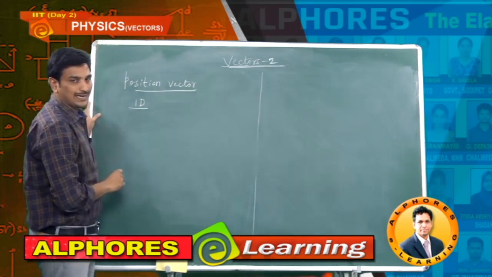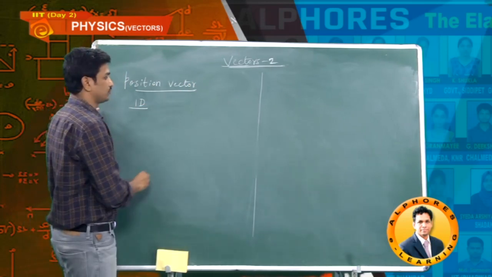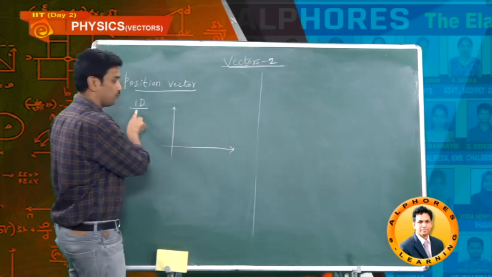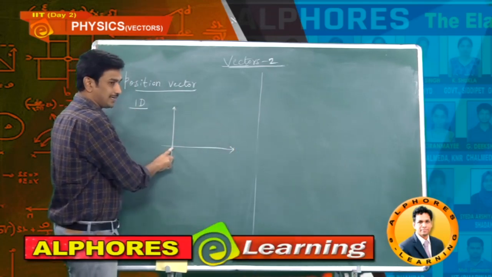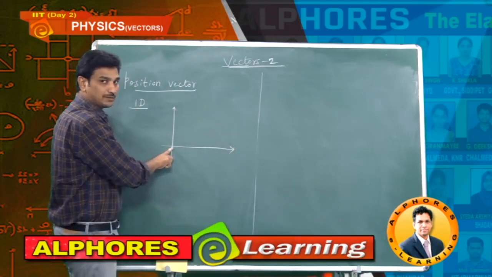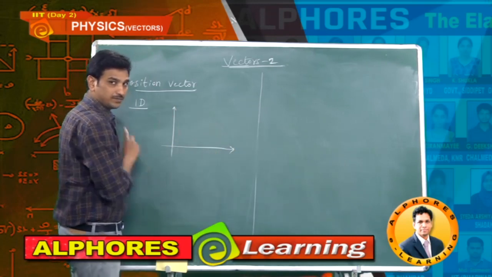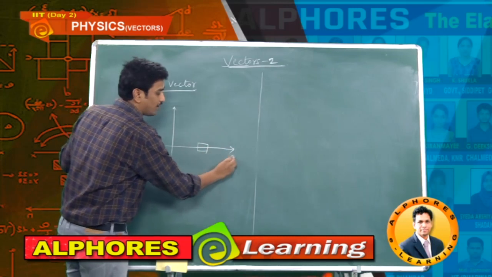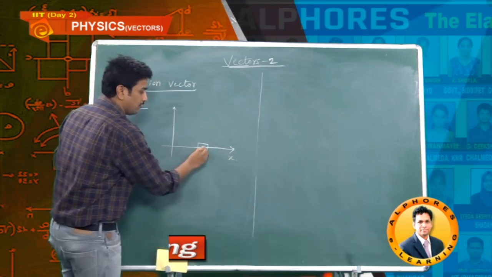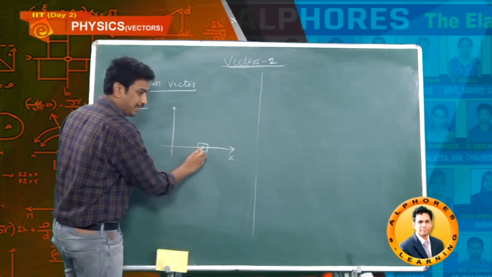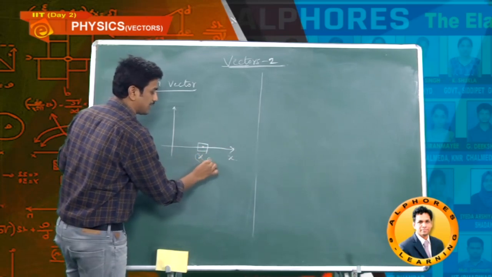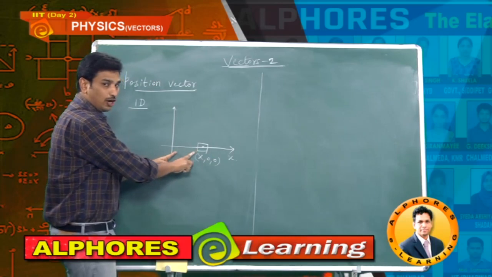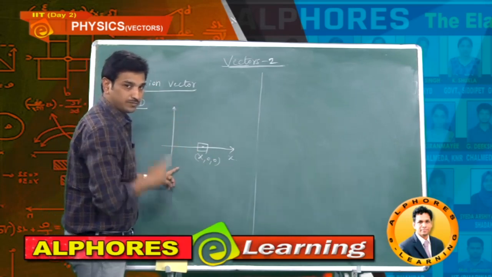1D, one dimensional motion. What is the meaning of one dimensional motion? A particle or object is moving along one direction, maybe along the x-axis. Where is the location of this body? Let it be x, 0, 0. The particle moves along only one direction.